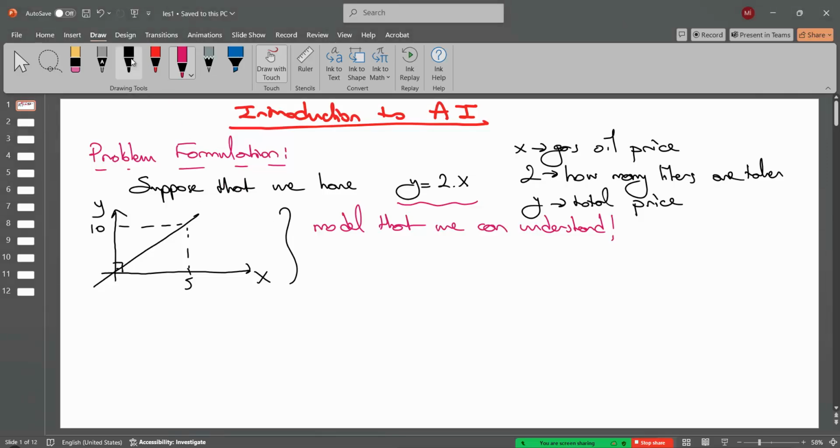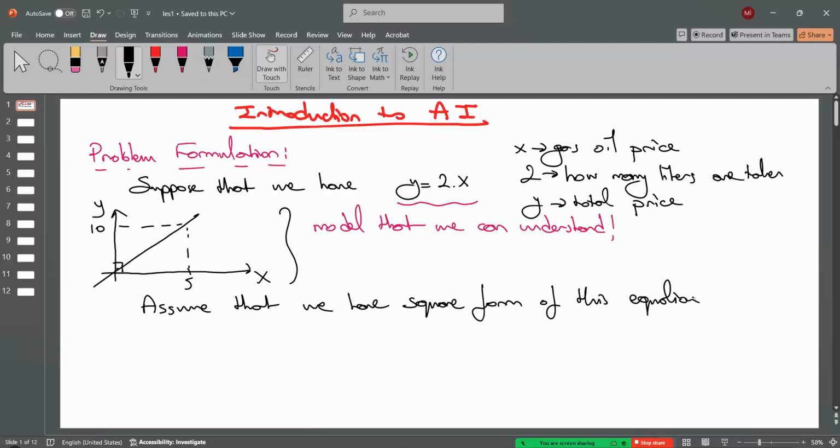But assume that we have a square form of this equation, like this one. y is equal to a times x squared plus b times x plus c.